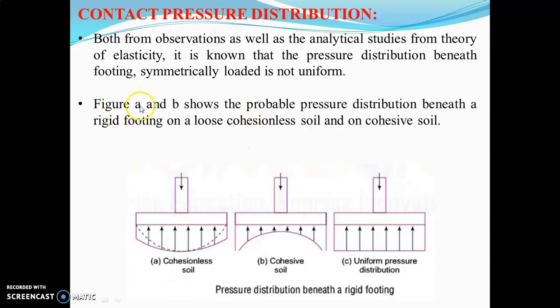Figures A and B show the probable pressure distribution beneath a rigid footing on a loose cohesionless soil and cohesive soil. Diagram A is the pressure distribution of cohesionless soil and B is the pressure distribution of cohesive soil.